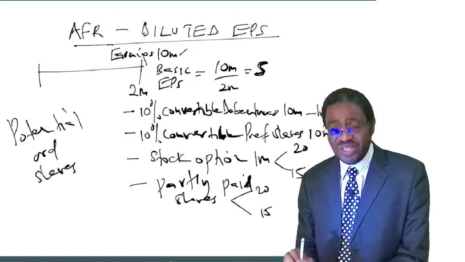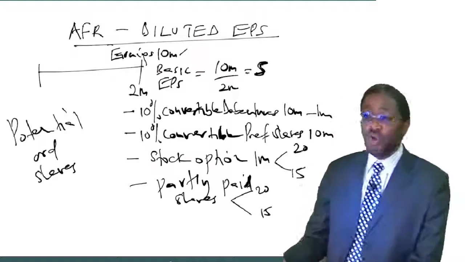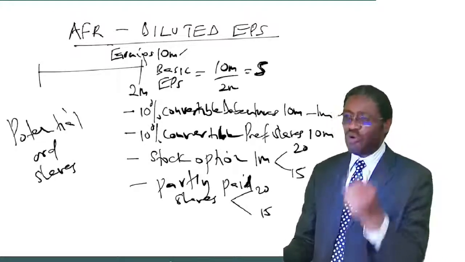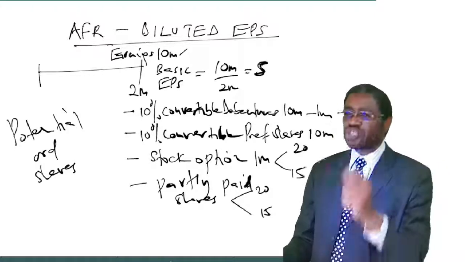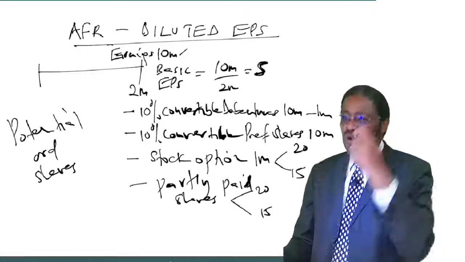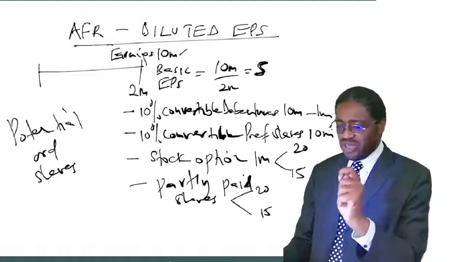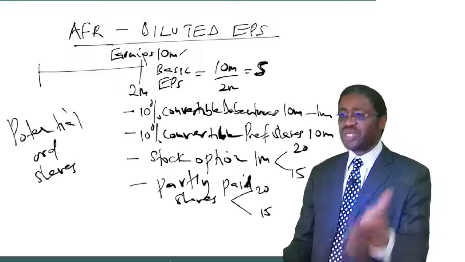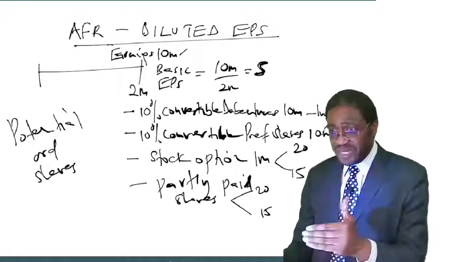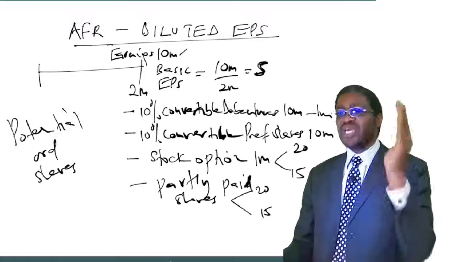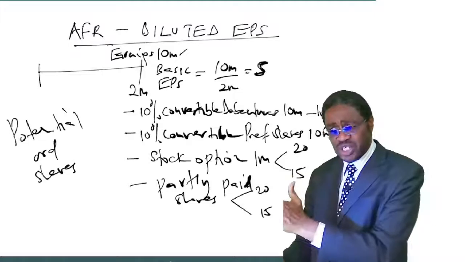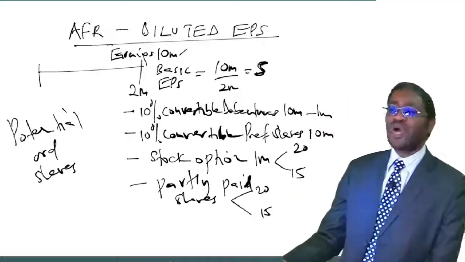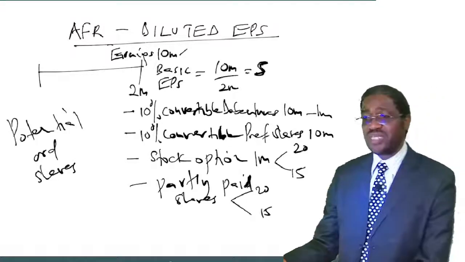So we have so far listed 4 types of potential ordinary shares which are going to cause dilution in the future: convertible preference, convertible debentures, stock options, and partly paid shares. By the end of the year, if your company has some partly paid shares, then they can be considered to be dilutive, and therefore they are called potential ordinary shares.